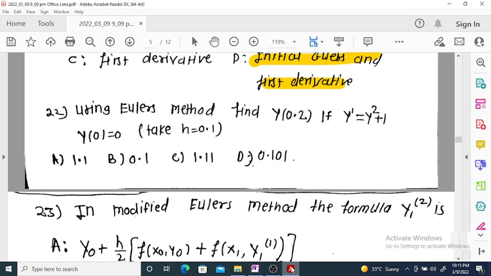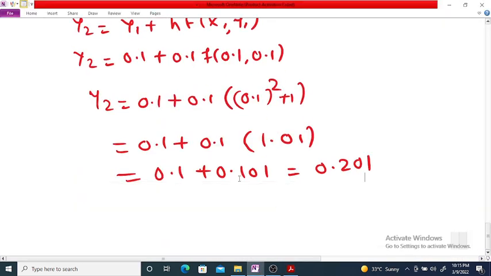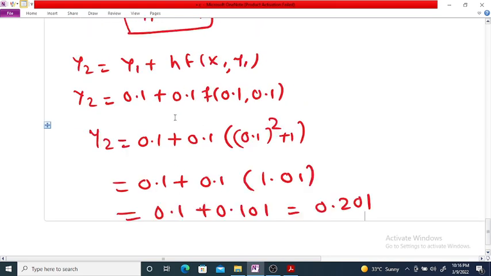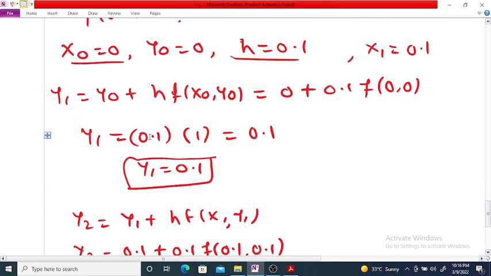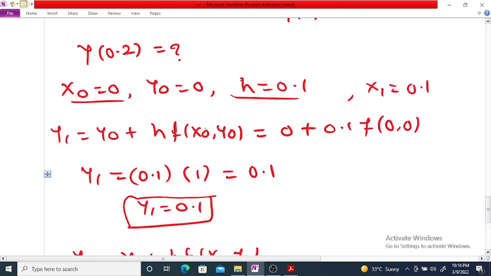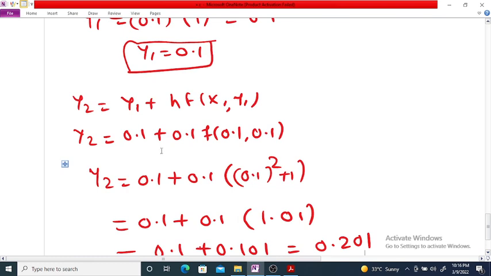So the correct answer is 0.201, but there is no option 0.201. Let me check again. y1 is y0, which is 0, plus 0.1 times f of x0,y0, which is 1, so y1 is 0.1.